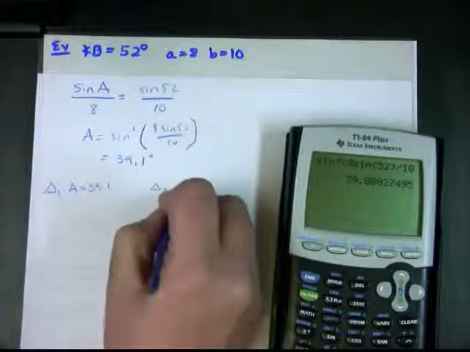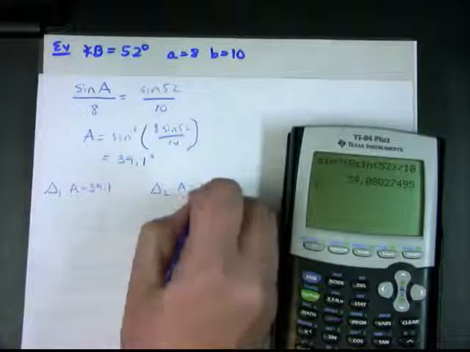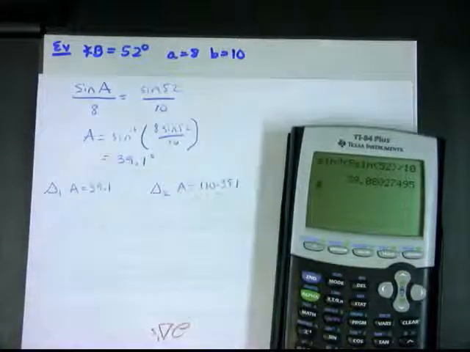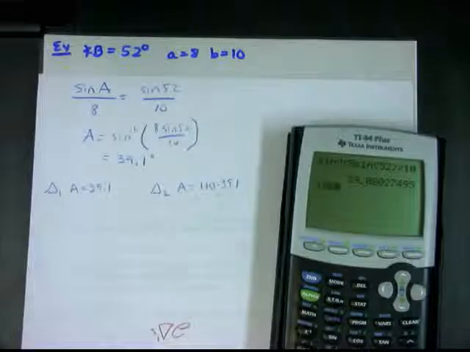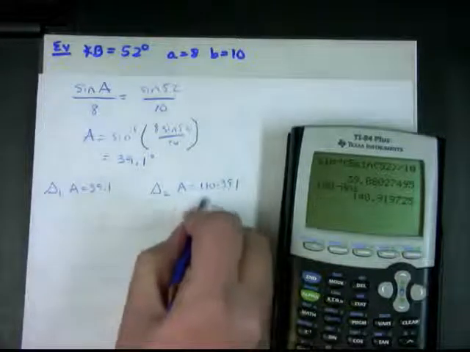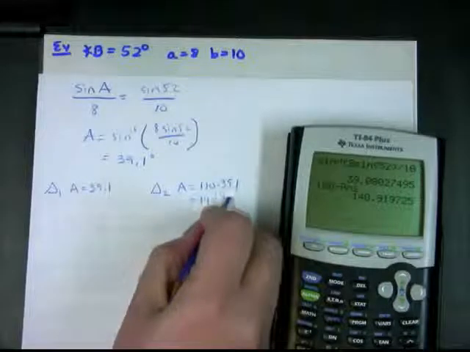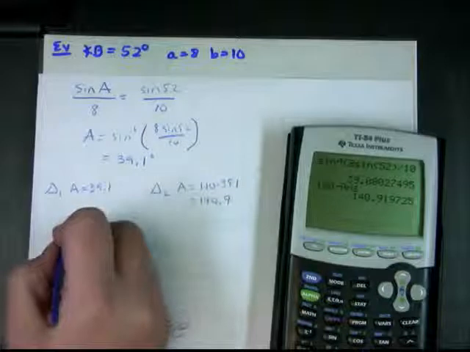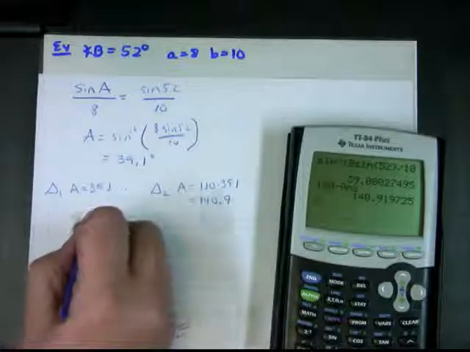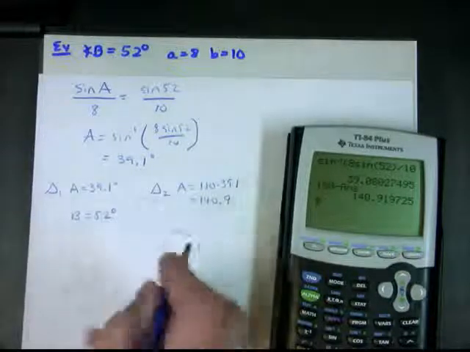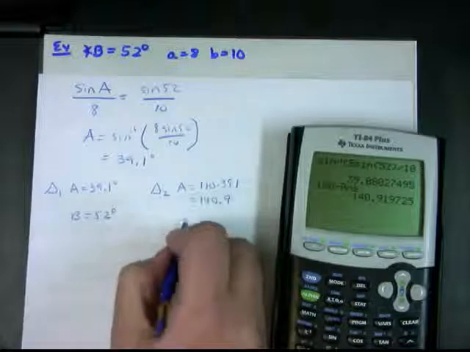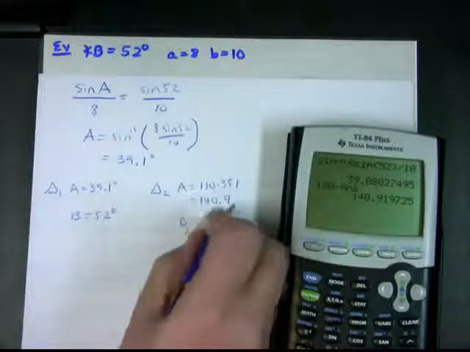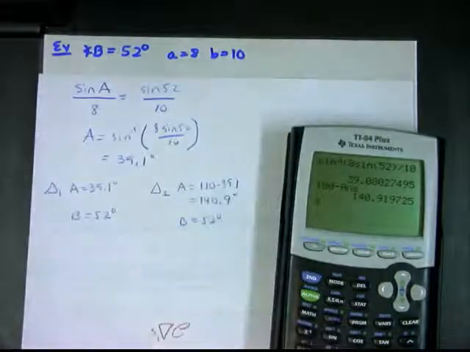Triangle 2 will have A at 180 minus 39.1, so that's 140.9. Triangle 1 has angle B at 52 degrees. Triangle 2 has angle B at 52 degrees, because that's given, so it has to be true.